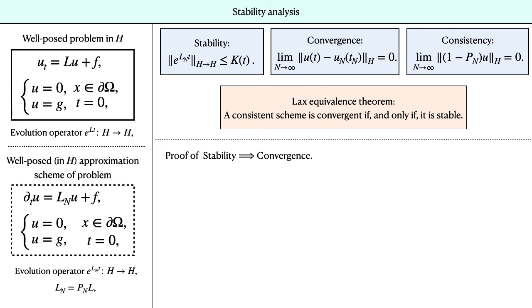So you can allow your scheme to not be perfectly stable. You can allow the solution operators to not be uniformly bounded in N, as long as the bound grows no faster than algebraically in capital N.